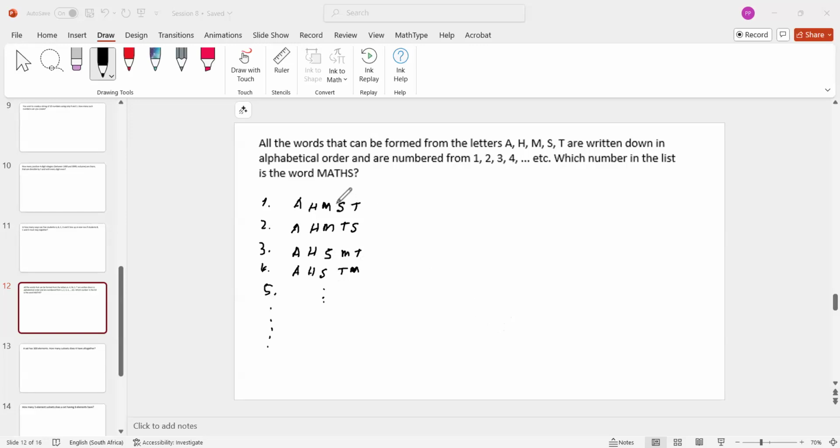Okay, so what happens here is that you have to write down all the ones which start with A. So how many of these words start with A?